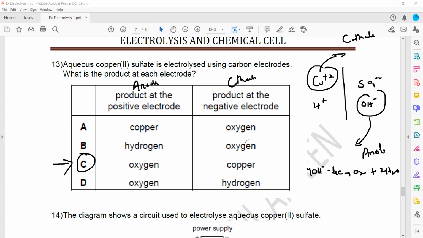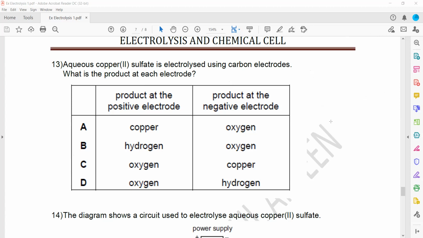The electrolysis using the inert electrode of carbon. You can also draw the electrolytic cell for your convenience. This is an electrolytic cell. These electrodes are made of carbon or graphite.